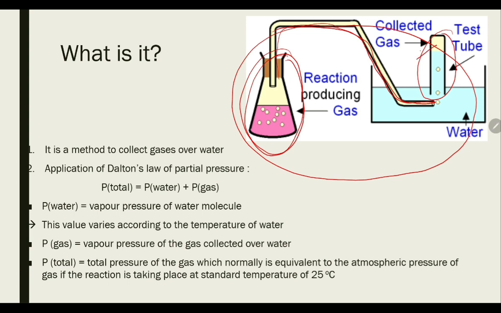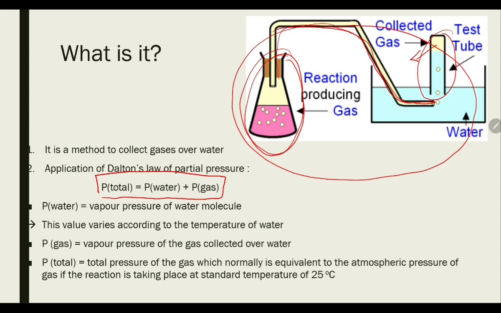The volume of the gas collected in the test tube is going to be used to calculate the pressure of the gas. We're going to use the Dalton's law concept here, where total pressure is equivalent to the partial pressure of the water plus the partial pressure of the gas.